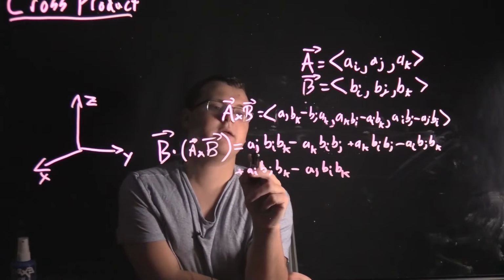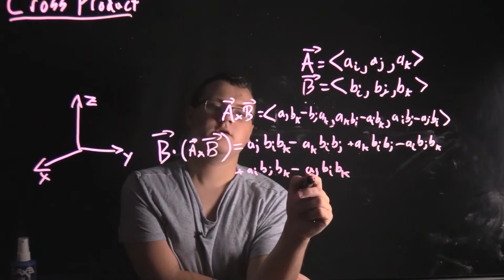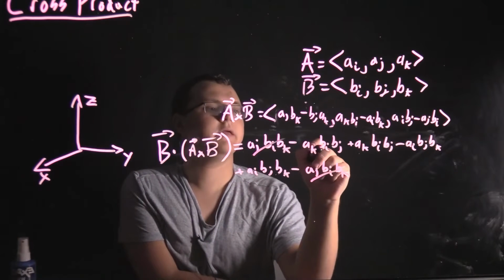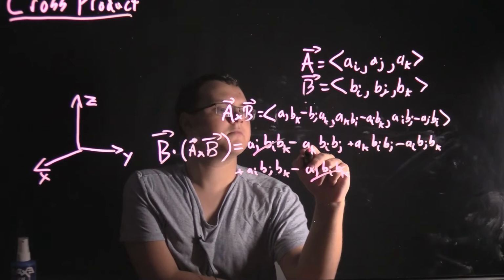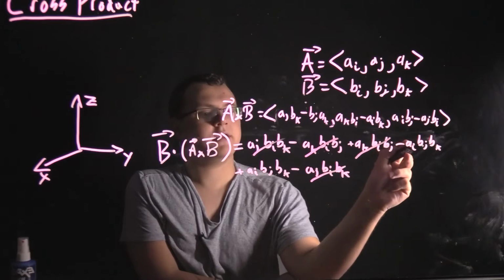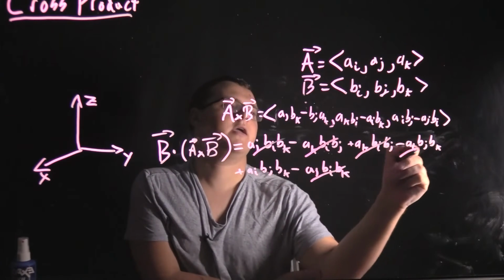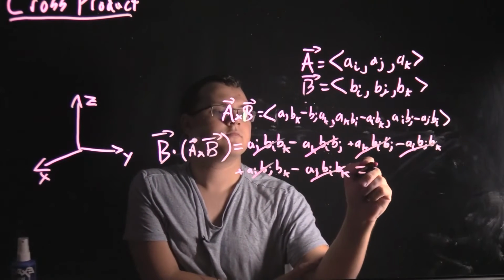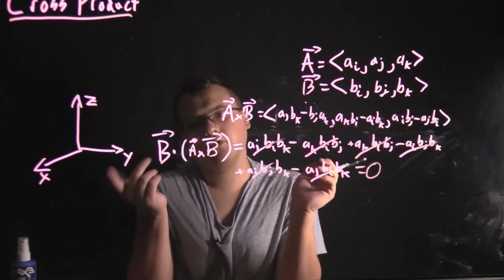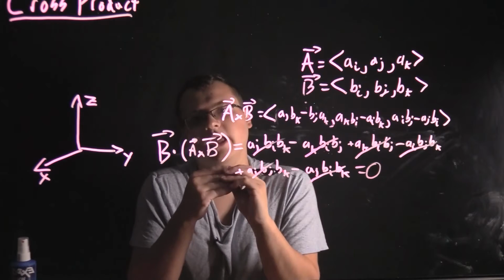So there's AJ BI BK, AK BI BJ, negative here, positive here, and AI BJ BK, and AI BJ BK. So now you can see that both B and A are perpendicular to A cross B.